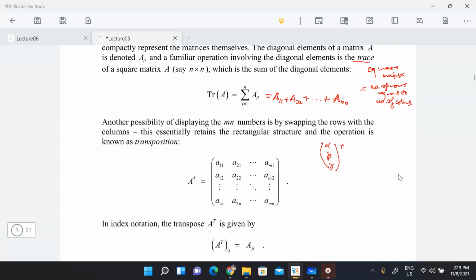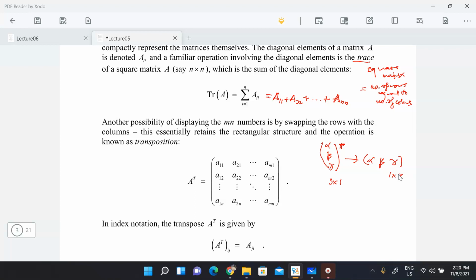This is a column vector, a 3 by 1 matrix. If I put a transpose notation here, then it becomes a row matrix, alpha, beta, gamma. This is 1 by 3. So it also works for the case of vectors.